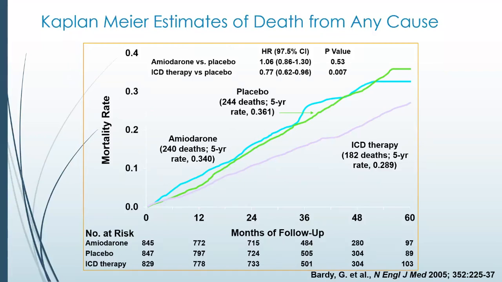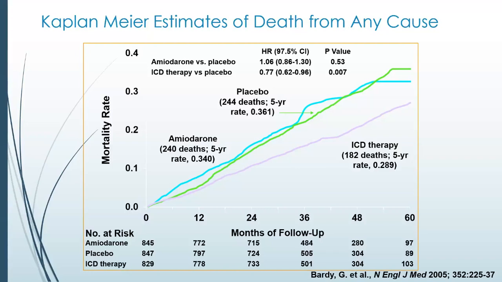The placebo arm is the green and the amiodarone arm is the blue. And out to 5 years of follow-up, the mortality rate, which is what's on the y-axis there, was really pretty much the same. So what that told us is that it's a waste of time to give amiodarone to patients for the sole reason that you're hoping that their survival will be better.